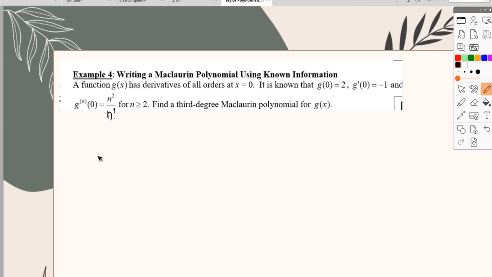So I'm looking for P sub what? 3. Okay. But I still start with what? The constant, which is just going to be my g, and we are looking at a Maclaurin, which means that we're centered at what? 0. So I have g of 0.